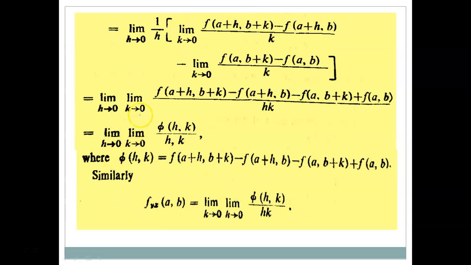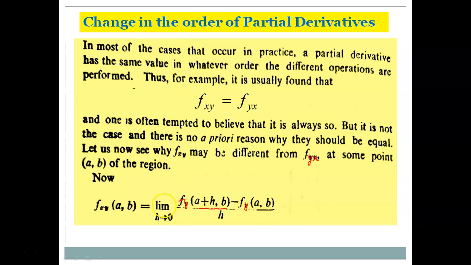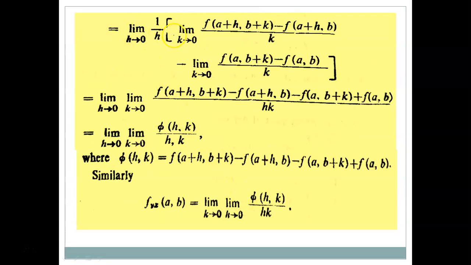Similarly, now here we open this. What is the meaning of this and what is the meaning of this? Let us see. So these two things, and we are keeping 1 by h outside. You can see 1 by h is outside, limit k tending to 0, because that was the partial derivative with respect to y. That means there was a change in the variable y. b plus k, f of (a plus h, b) will be kept as such and divided by k, limit k tends to 0.